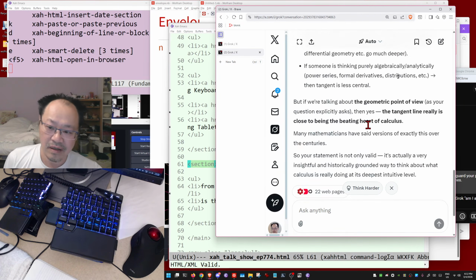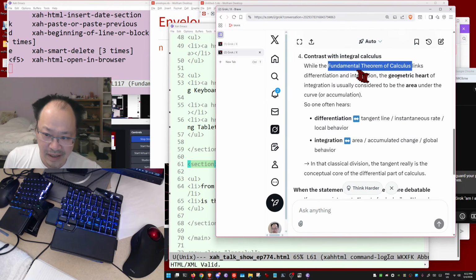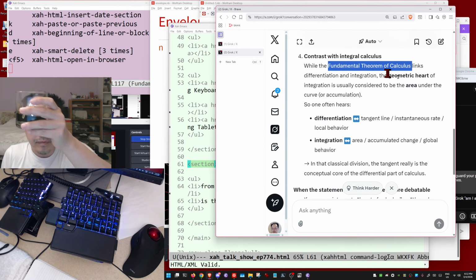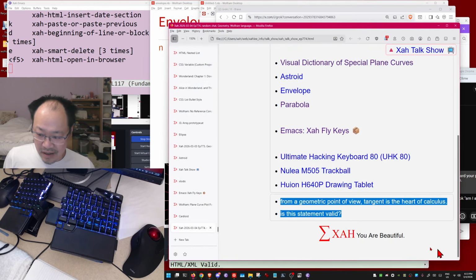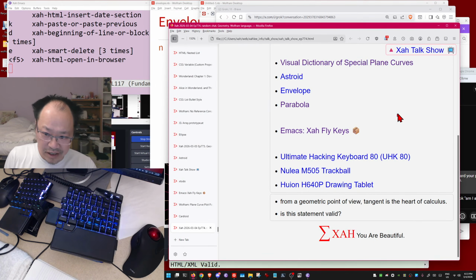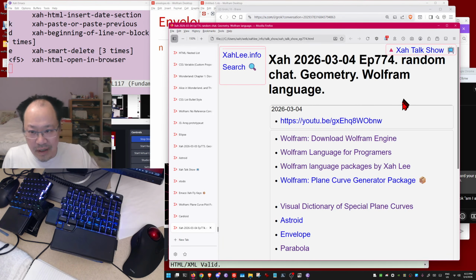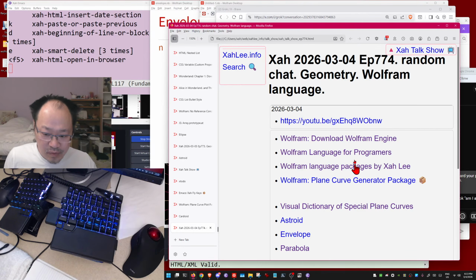So fascinating, this fundamental theorem of calculus. But I'm not going to tell you what that is, because then you need to study calculus. So I give you some motivation, but because we are doing something else, we have to do code and stuff.